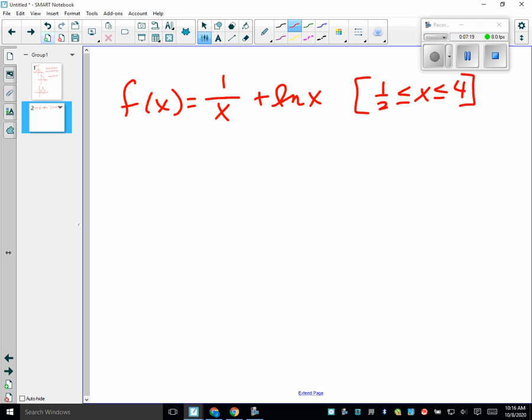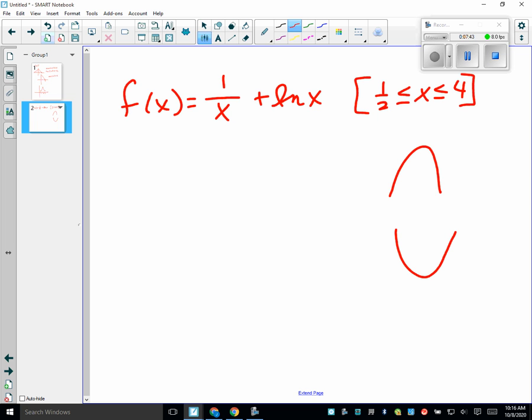Now, is it true when the graph turns around, the derivative is equal to 0? Yes, if it goes to a minimum or a maximum. If the graph does this, or the graph does this, isn't the derivative equal to 0?